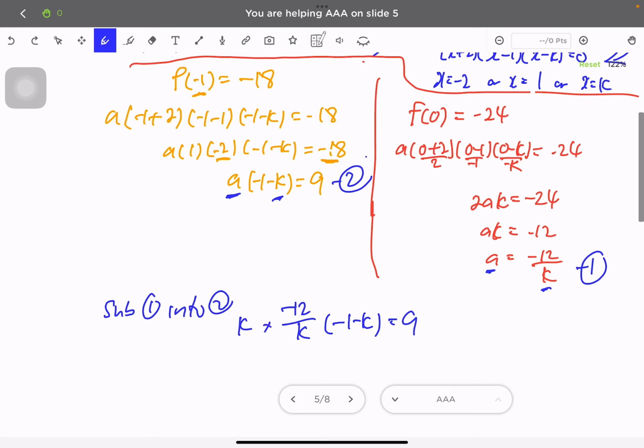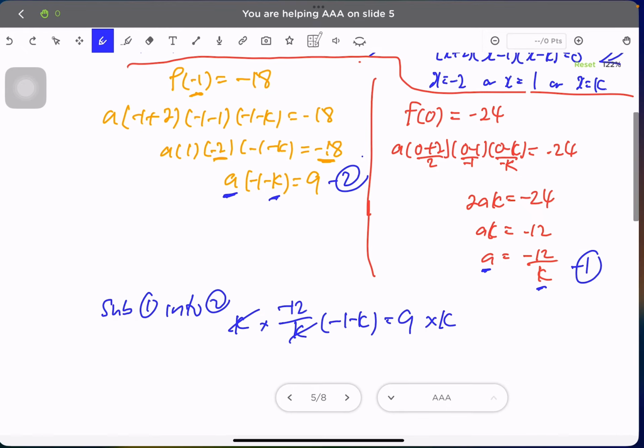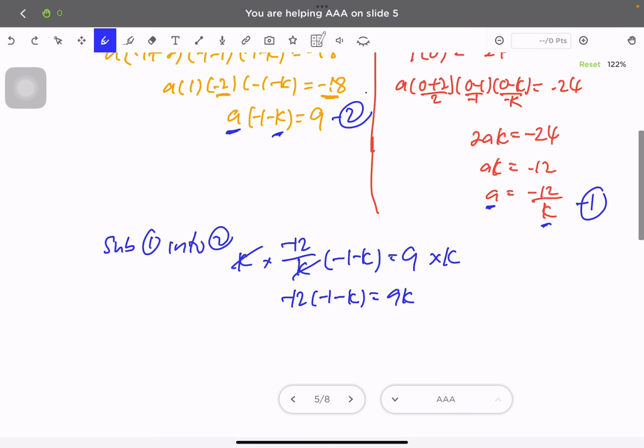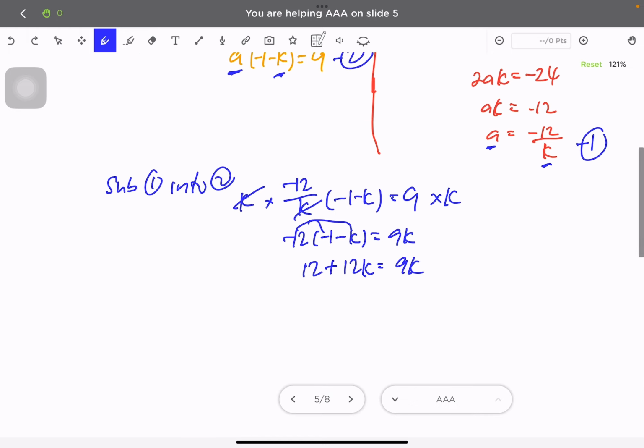I need to multiply both sides by k to balance the equation. So minus 12 times (minus 1 minus k) equals 9k. Now I need to expand: 12 plus 12k equals 9k. Manipulating the equation here, I get 3k equals minus 12. So k will be equal to minus 4.